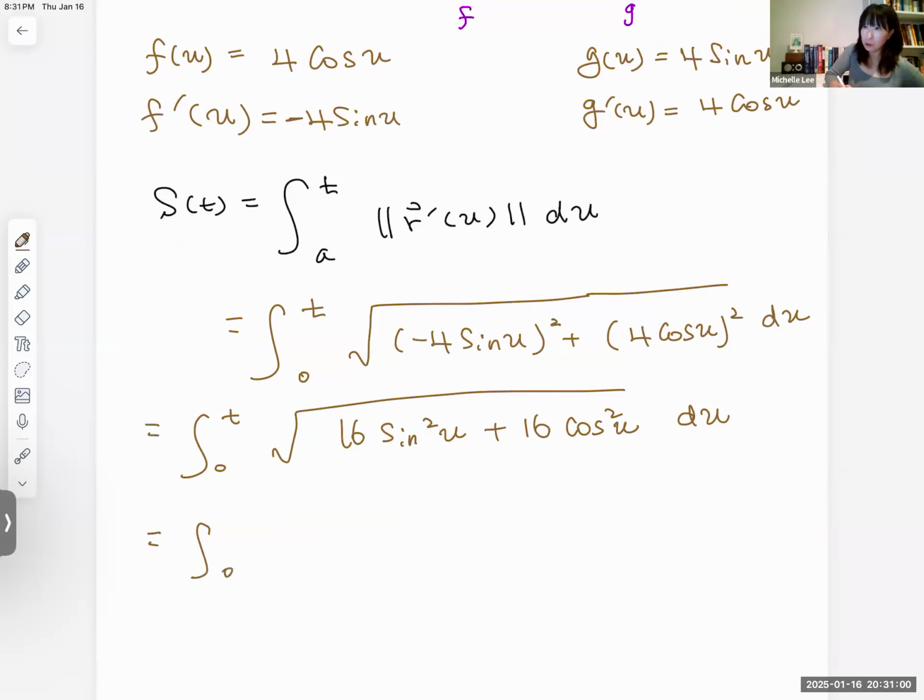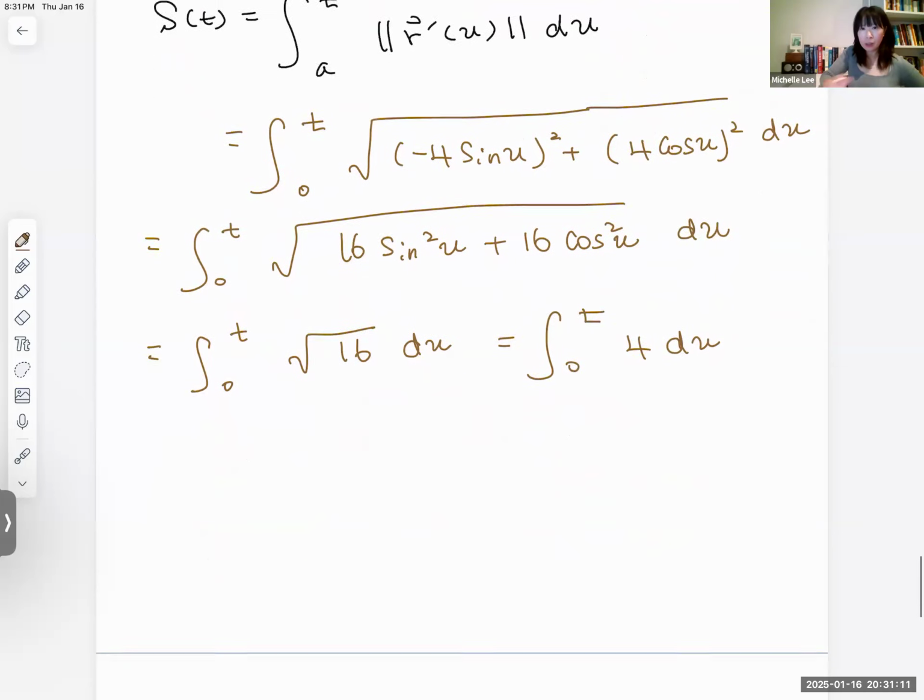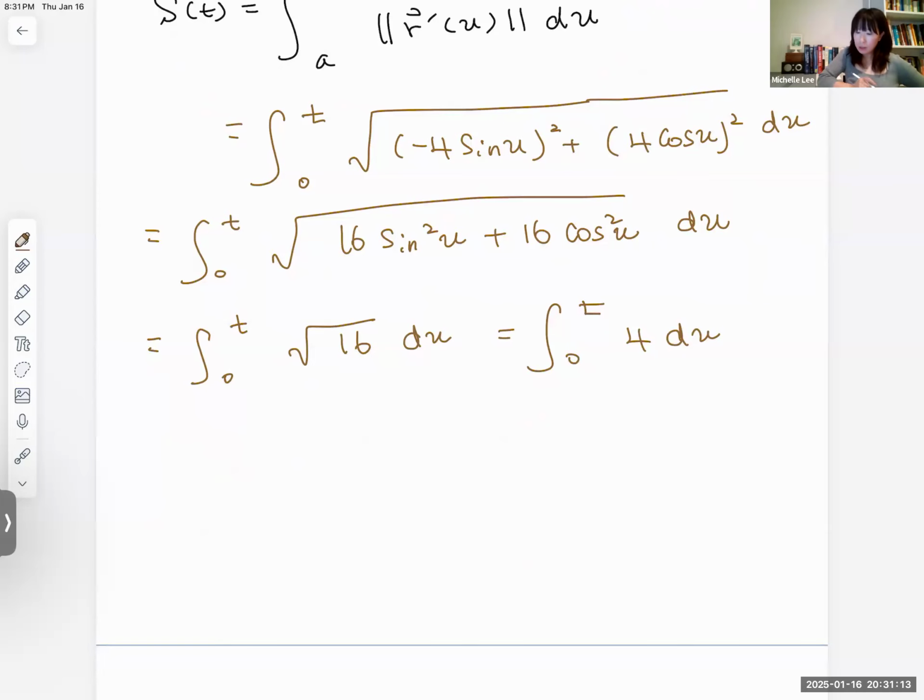So we have from 0 to t, square root of 16 du, which is 4 du, right? Then we integrate u from 0 to t, so that will be 4t.